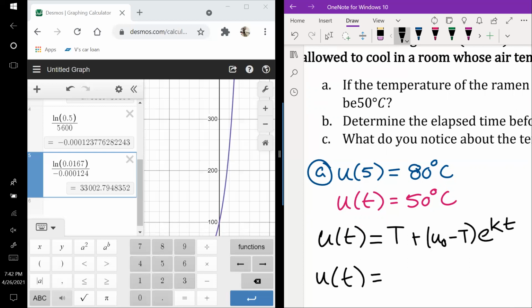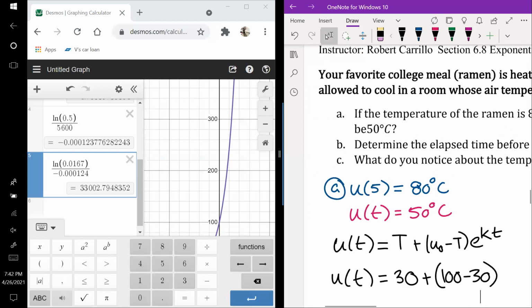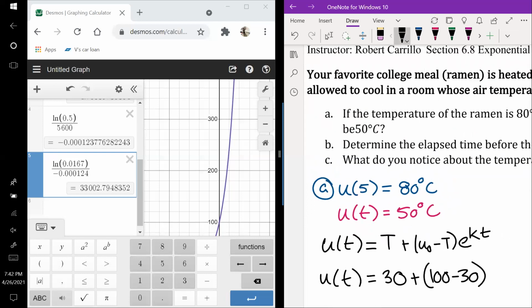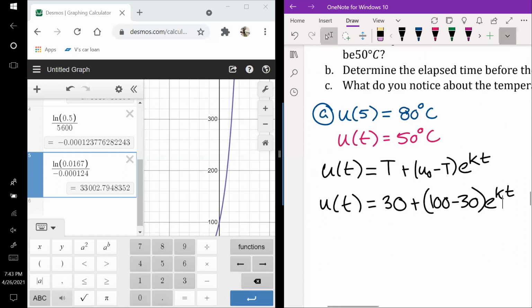Here capital T is the room temperature, so that's going to be 30, plus the initial temperature of the ramen, which is 100, minus the room temperature, times e to the kt. So here's the formula we're going to use: U of t equals 30 plus 70 e to the kt.